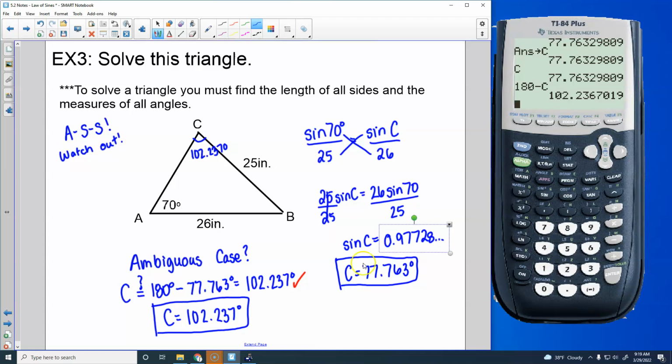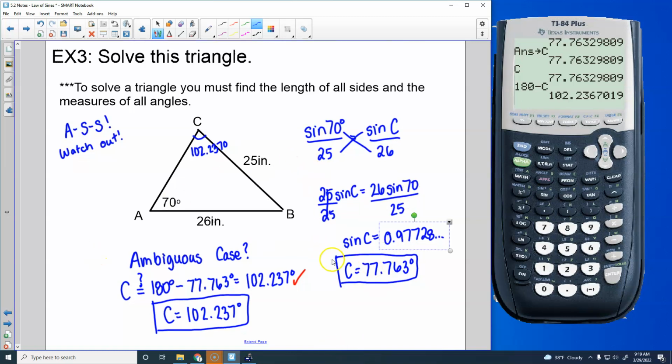So we're going to ignore this for a moment. We're going to pretend that C is 77.763.